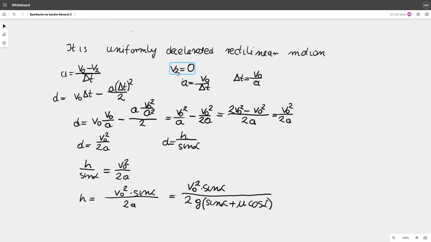Final velocity v2 is equal to 0, so it will vanish from first equation. Second equation will not change. Now we get rid of time from these two equations. It's done here.